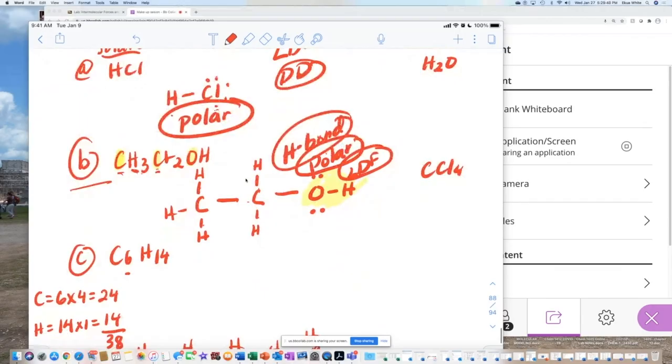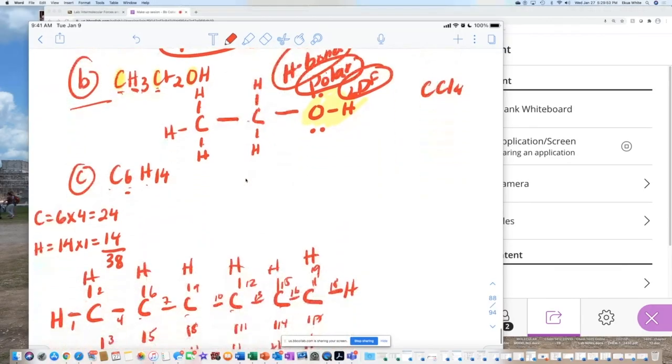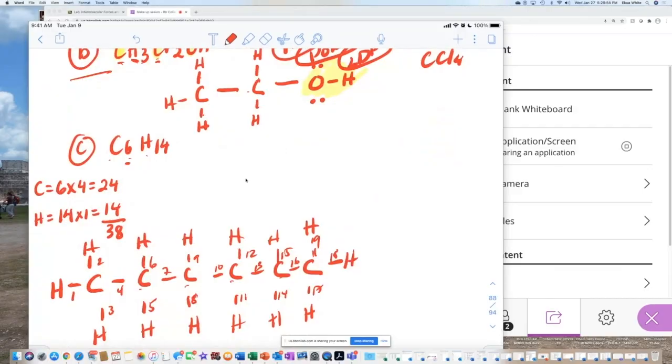Next, C6H4. Do you remember what I told you about organic compounds that have carbon and hydrogen only? This compound fulfills that criteria. It doesn't have any of the other heteroatoms. They tend to be nonpolar.